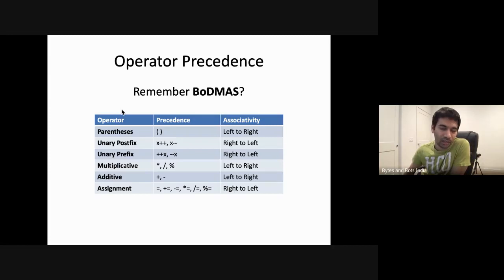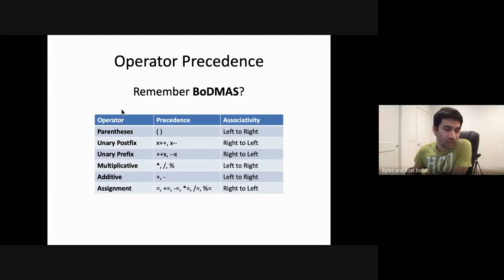So the value of x is equal to whatever is to the right of the equal to sign, isn't it? So the assignment operator's precedence is right to left, which means if you have an equal to sign in your program, Java will first run everything that is to the right of equal to, and after that it will take the value of whatever that output is, and it'll assign it to the left of it.